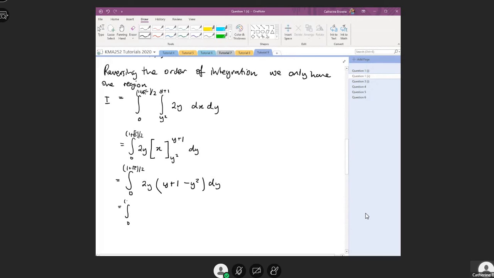Or if we expand that, we get 2y plus 2y squared minus 2y cubed dy.